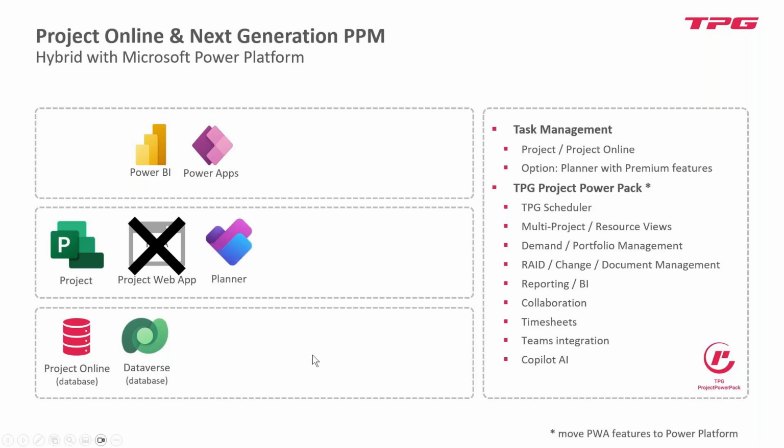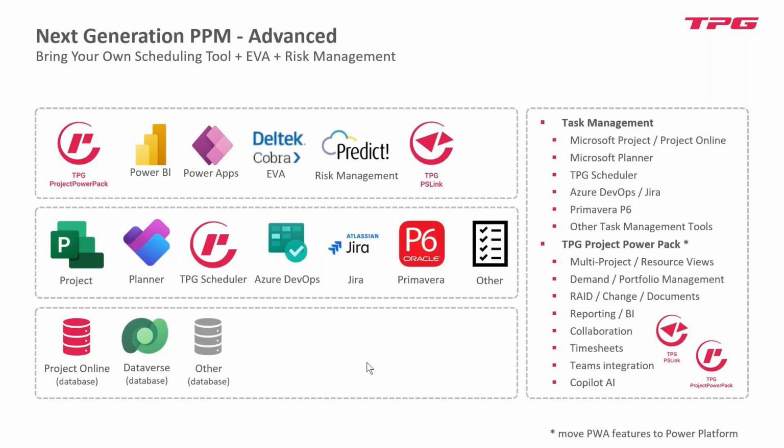So again, they might even start to work in a more hybrid way by using Planner. They would use Project PowerPack, for example, as a quick way to bring all of this information together. They might use TPG Scheduler as well. And then if you really are advanced, and we do have some customers working in this way already, you might be doing things like using Deltek Cobra for EVA, for example.